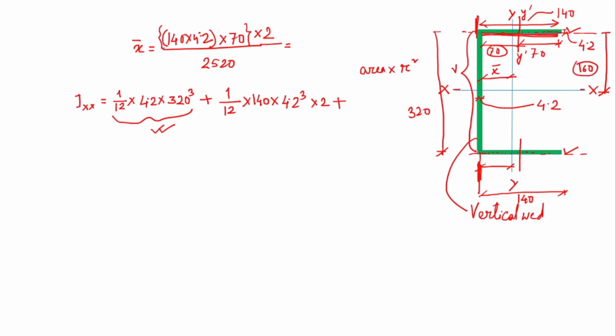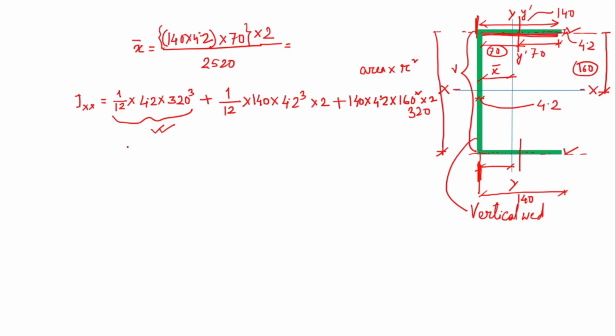So area of the weld is 140 into 4.2 and it is multiplied by 160 square, and this is also valid for both top and bottom weld, so it is multiplied by 2. Okay, so this is the moment of inertia of the weld about x-axis.